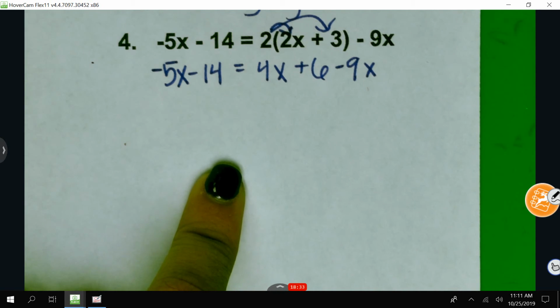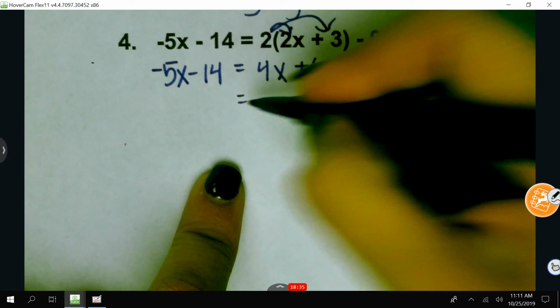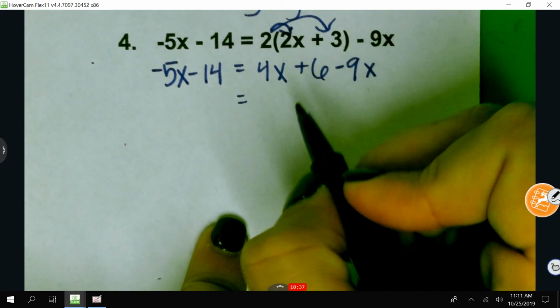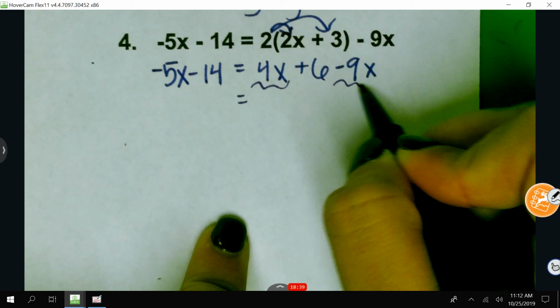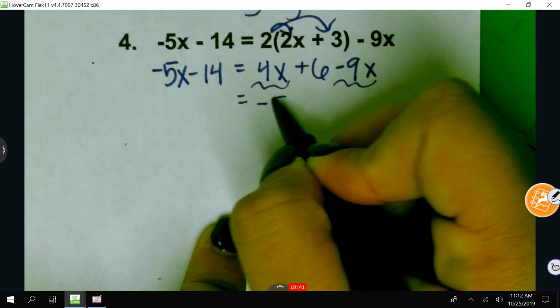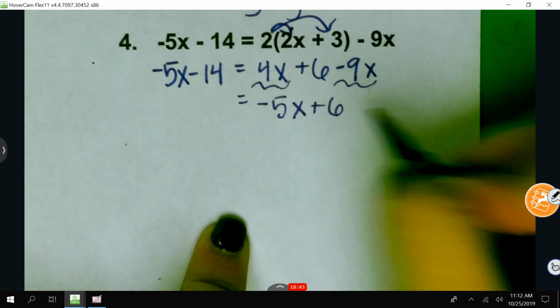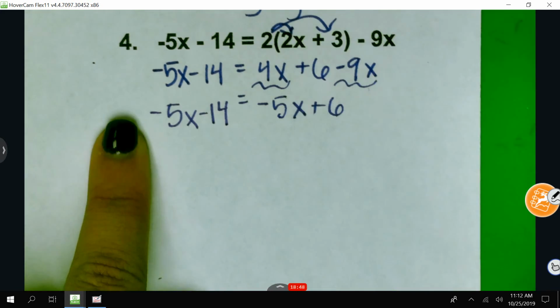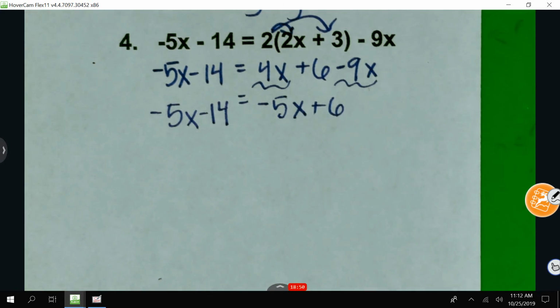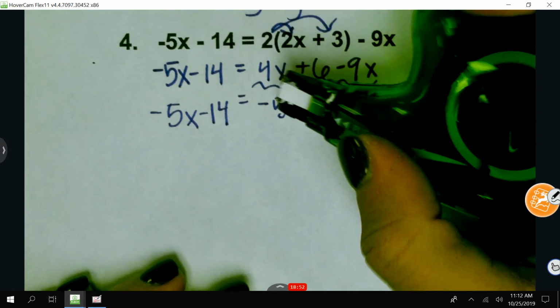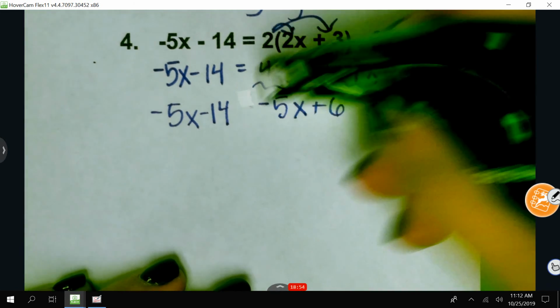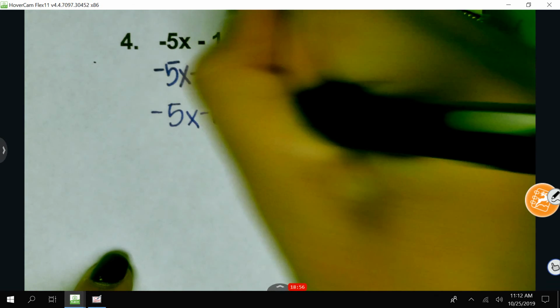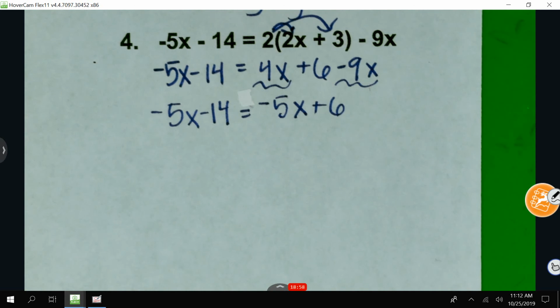What's next? Like terms. So what are they? 4x. Good. Okay, so I have a negative 5x plus 6. And then over here I have negative 5x minus 14. Okay. What now? What do I do next?